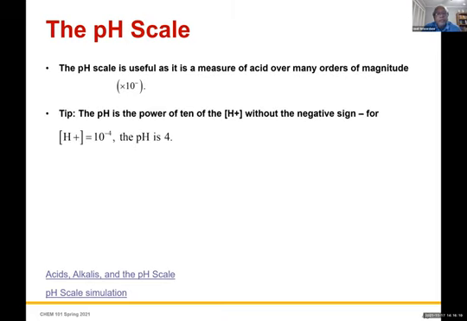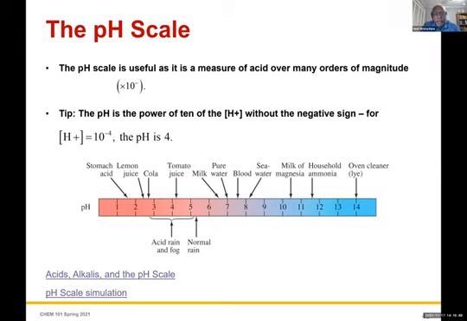If a solution has 10 to the negative 4, pH is 4. So you can exactly calculate, put in the 1 times 10 to the negative 4, or whatever that number is for the hydronium ion. pH will not always be a whole number. You take the log of the hydronium ion concentration and change the sign, you get the pH.